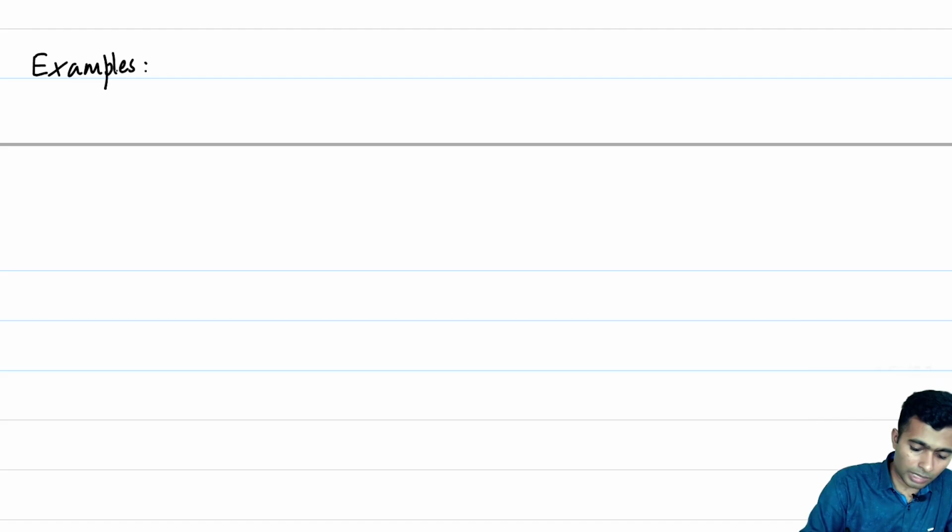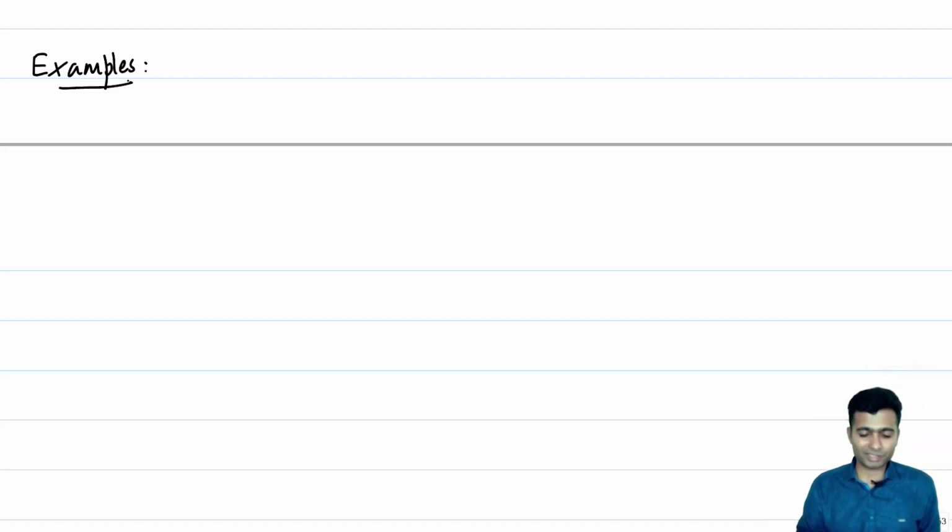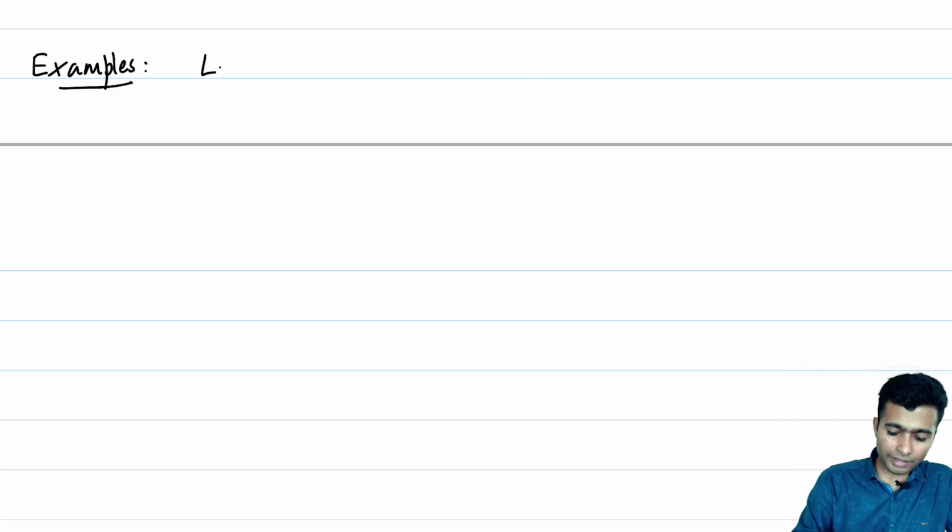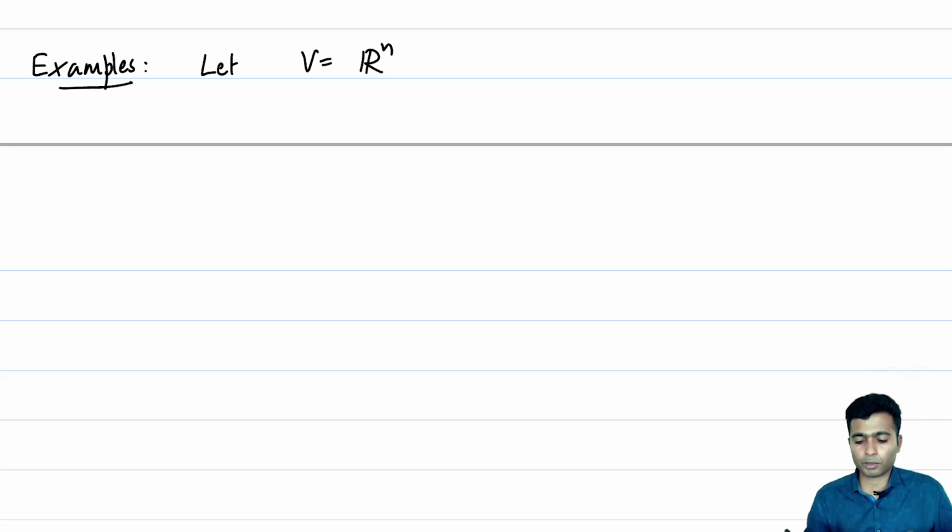So, the first example should naturally be the dot product. Let V be equal to R^n. Let us define the dot product.